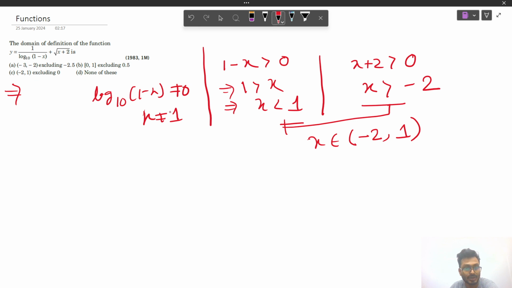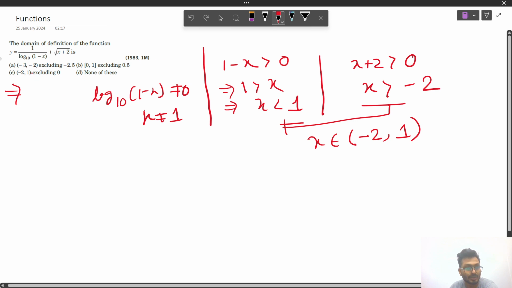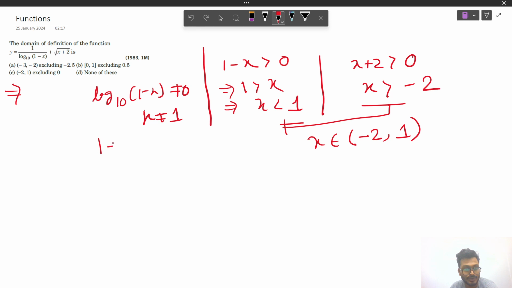So which option is correct? This should not be 0, right? So we can write that log base 10 of (1 minus x) is not equal to 0.